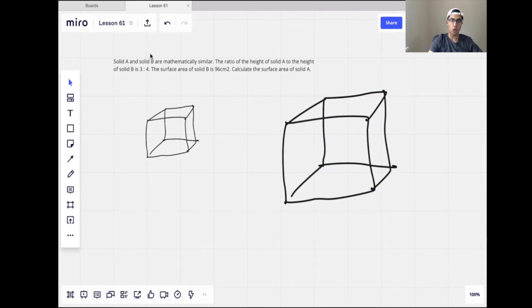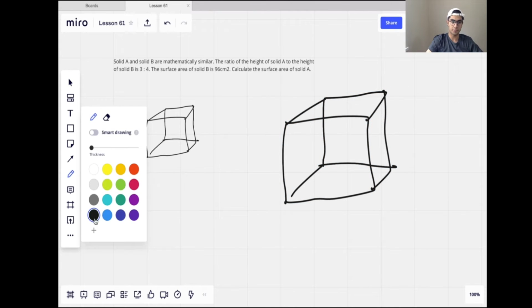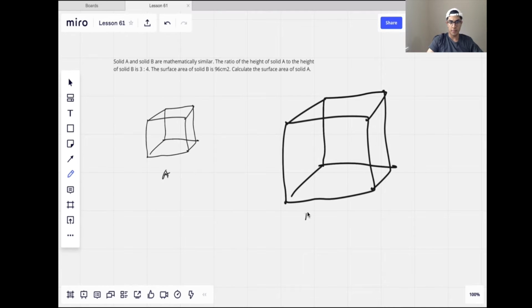That's because we know solid A and B are mathematically similar. And we also know that the ratio of the height of solid A to solid B is 3 to 4. So for solid A the height is, say, x, and the height of solid B is 4 over 3x. From the ratio, we know that.